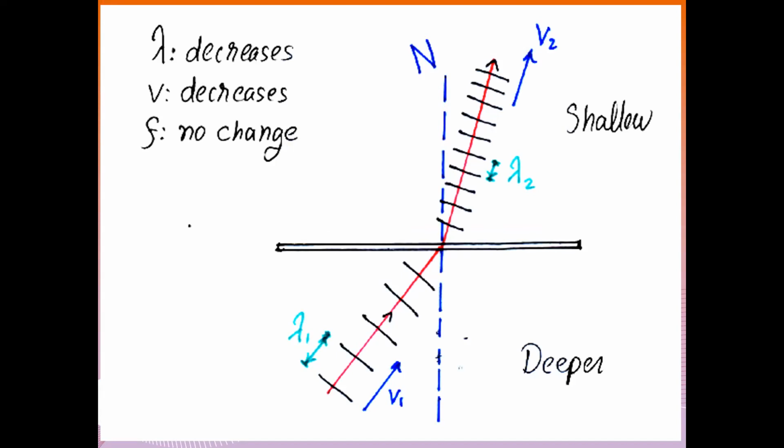Wavelength is decreasing, speed is decreasing, but frequency has no change. You have to copy this diagram also.